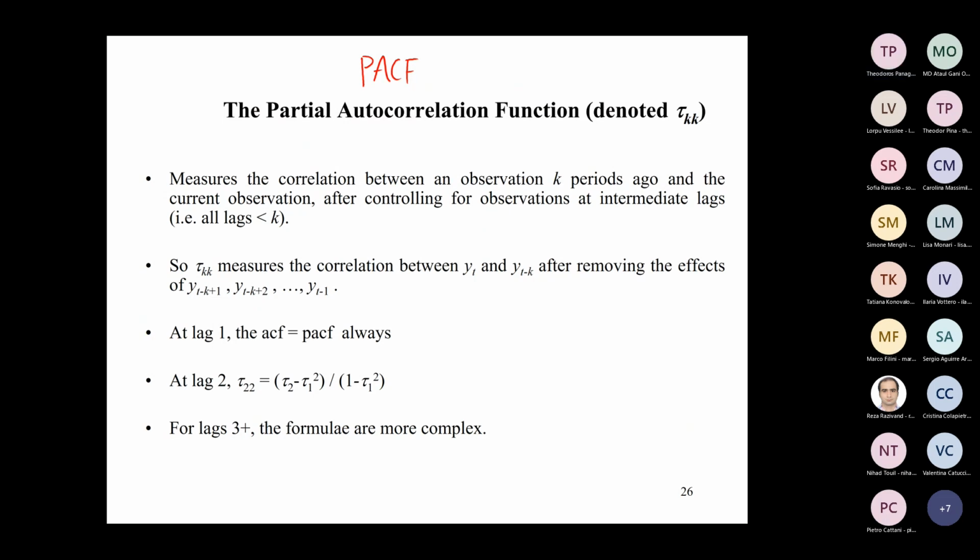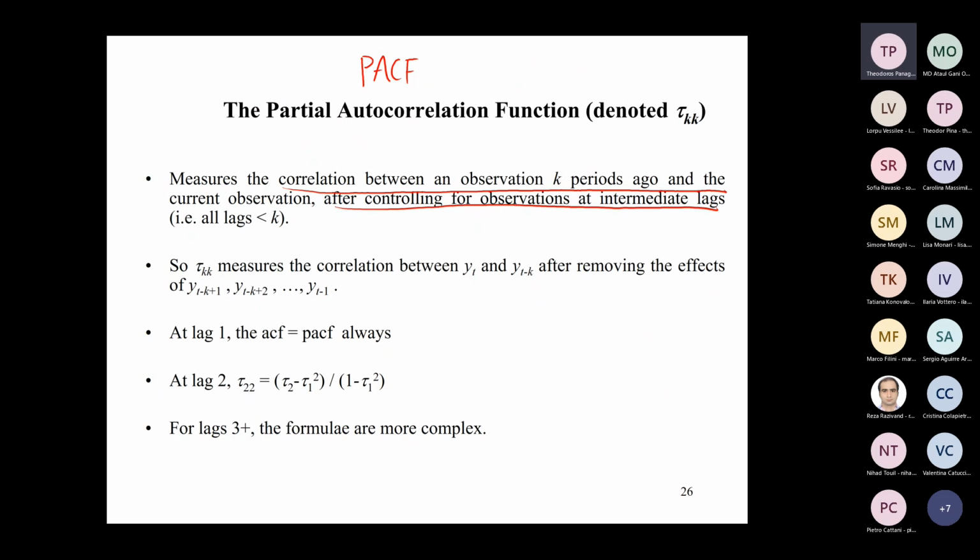And what is this? It measures the correlation between an observation and k periods ago, once you control for everything that is happening in between.